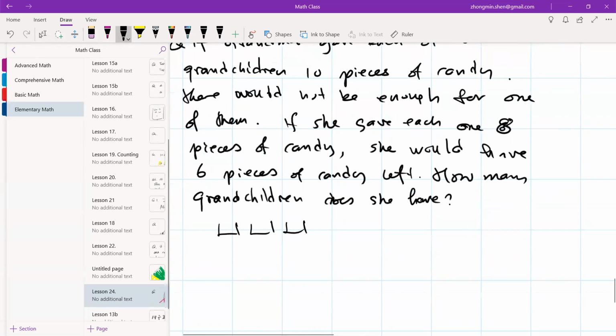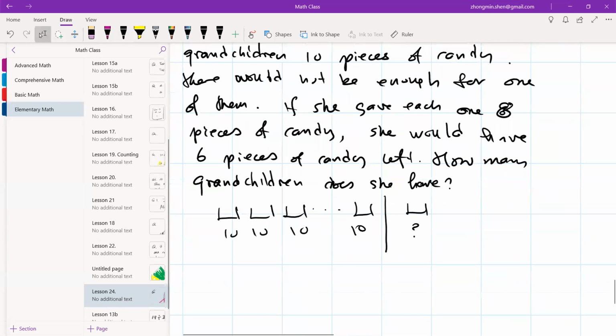Okay, those are the grandchildren. We don't know how many. Let's say everybody gets 10 pieces of candies. Then for the last one, it's not enough. Okay, some left, maybe one. Not enough means could be here. Sorry, no candy left for the last one. Then sorry, I have only 1 candy or 2 candies. We don't know, right?